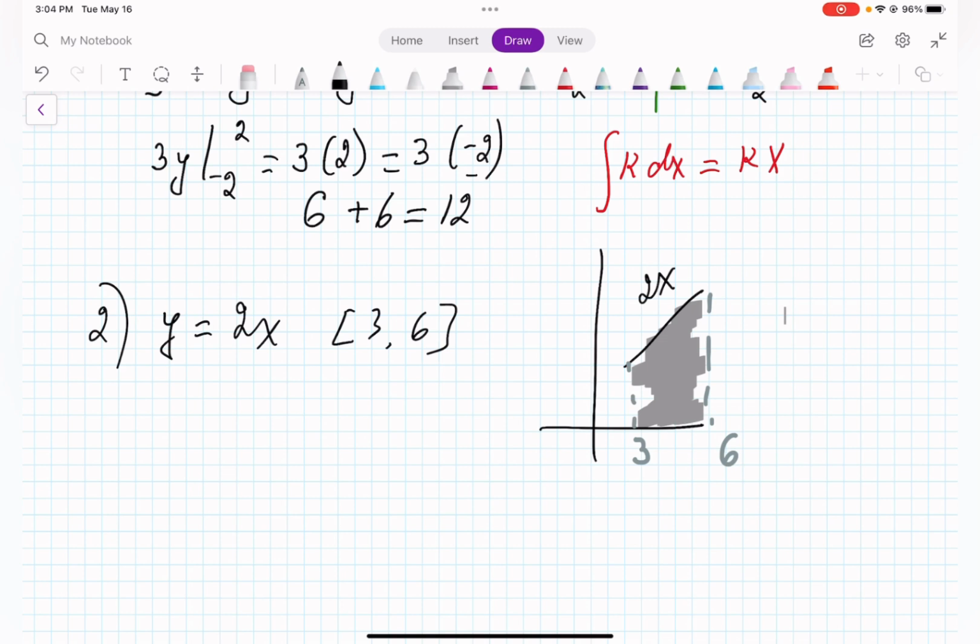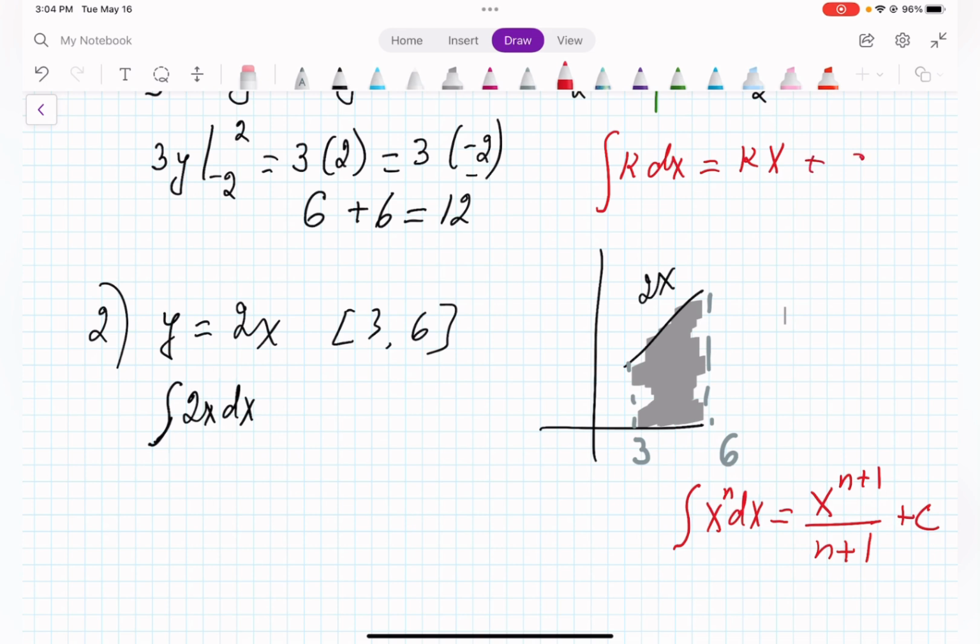So to find the area, I'm taking the integral of 2x dx, and remember, integral of x to the power n dx is going to be equal x to the power n plus 1 divided by n plus 1, plus constant.